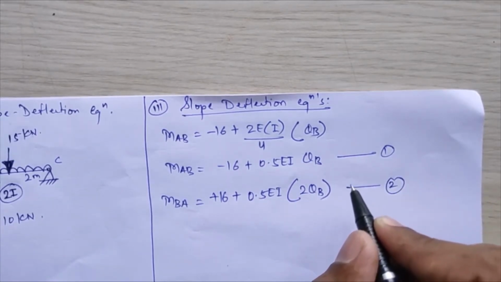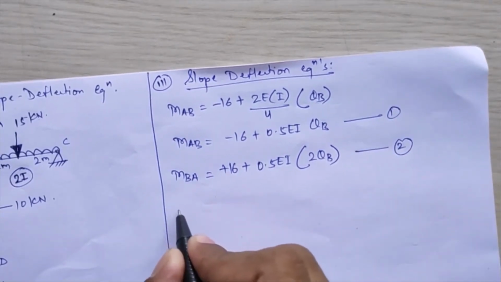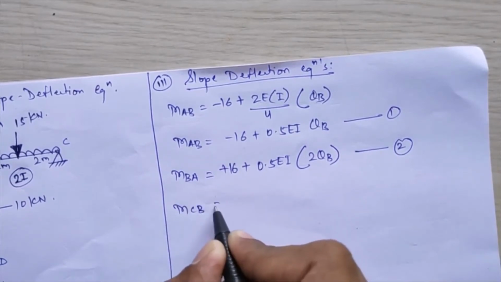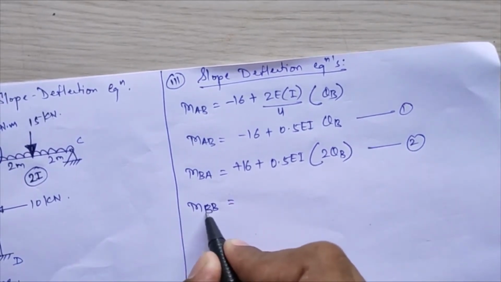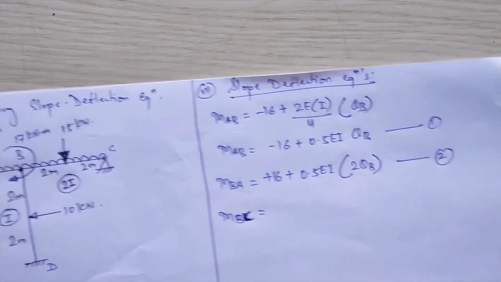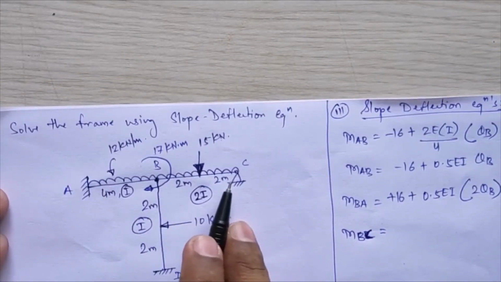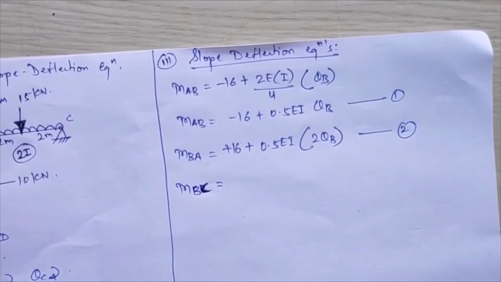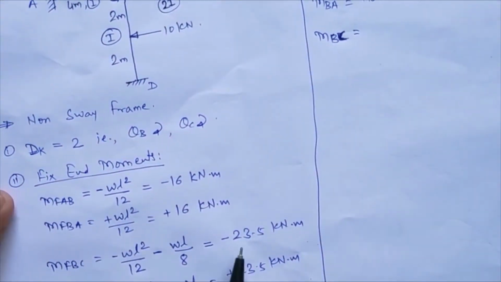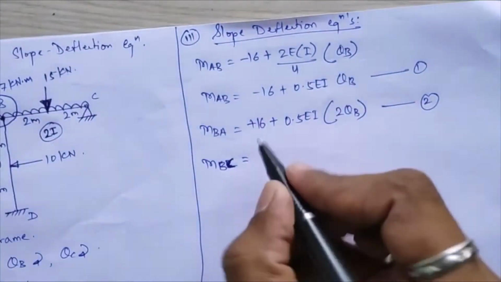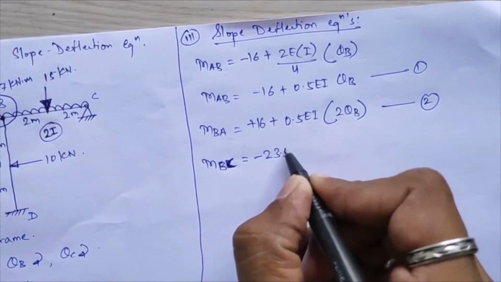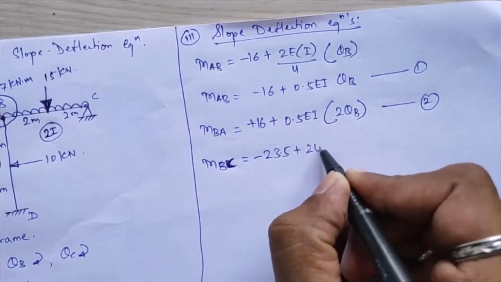Okay, now we'll see our next slope deflection equation, that is MBC. We'll shift to the next member. So MBC will be equal to MFBC, that we have calculated as minus 23.5, plus 2E times the I value.